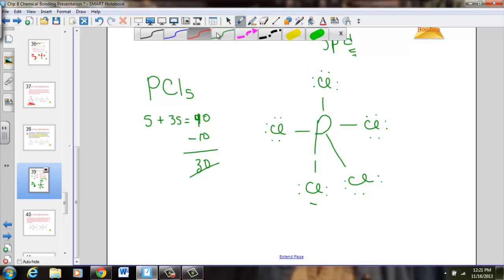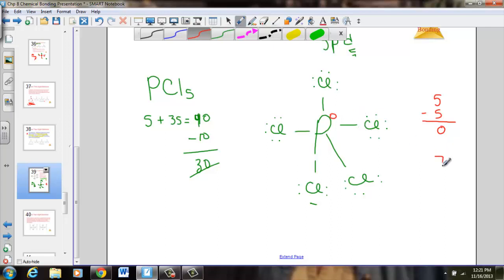Phosphorus lives in group 5A, 5 valence electrons. It has 1, 2, 3, 4, 5 associated electrons, half of each bonded pair. Phosphorus has a formal charge of 0. You can clearly see the advantage of phosphorus expanding the octet to alleviate the formal charge.